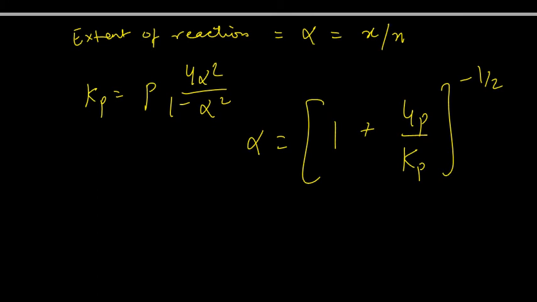What happens if I increase pressure? What happens to alpha? This is 1 over 1 plus 4P, so if I increase pressure, the denominator increases and alpha decreases. That means if I increase pressure, the extent of reaction goes down.